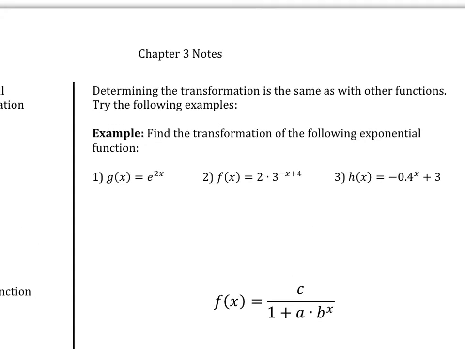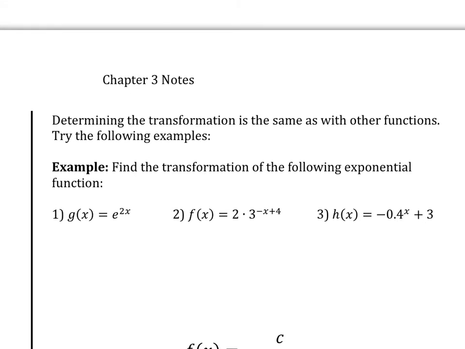All right, transformation. The transformation idea is the same as before, where we have the parent function, f of x equals a times b to the, and we have x minus h.